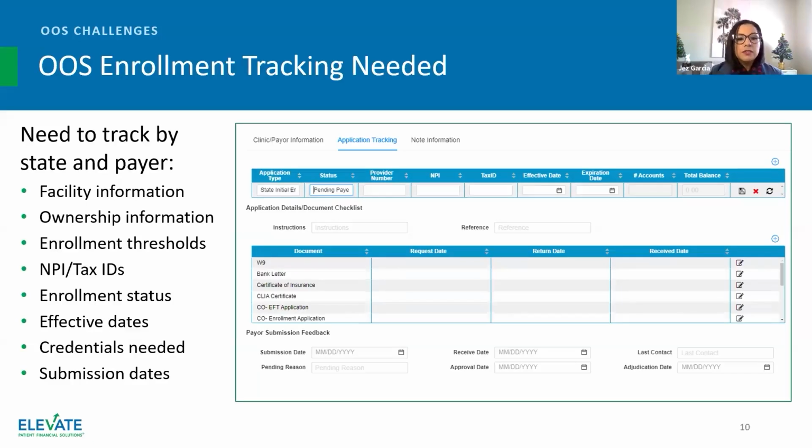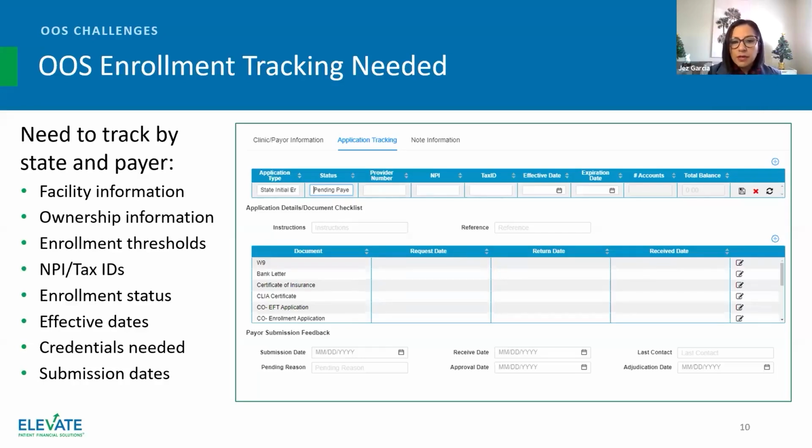The biggest key is what exactly is needed for that particular payer, and how your representatives or specialists identify that an enrollment needs to be started right away. We want to make sure we have who the particular facility, MPI, is, and who the providers listed are.